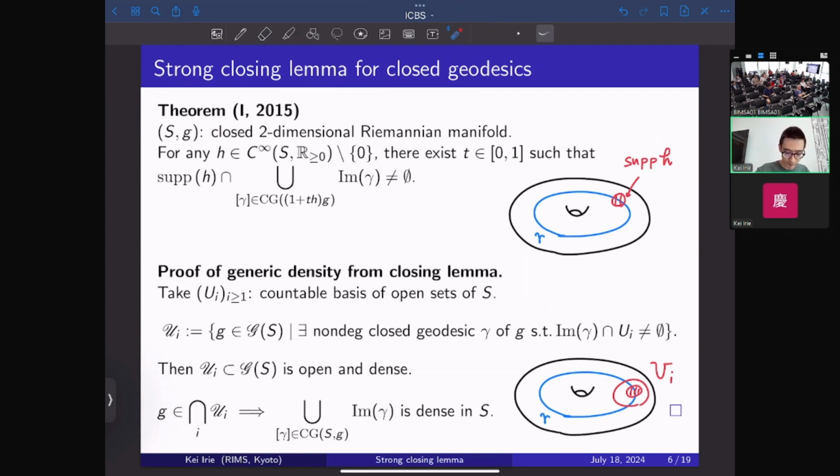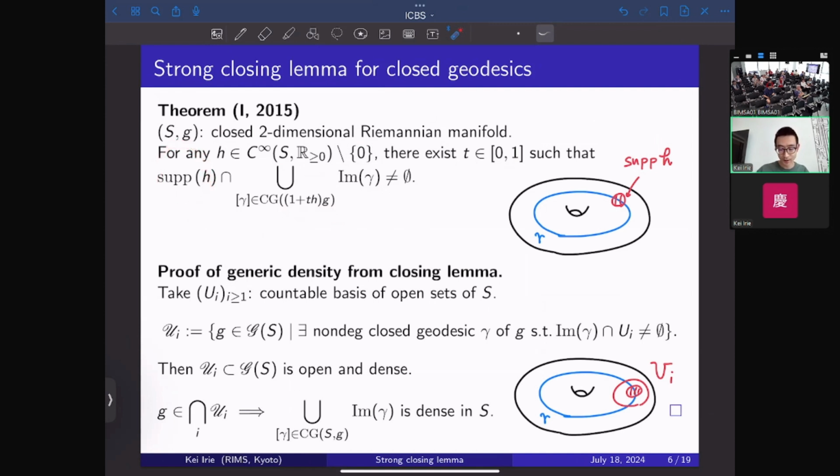Let (S, g) be any closed two-dimensional Riemannian manifold, and let h be any function on S which takes non-negative real values, and that is not constant zero. Then the theorem says that there exists t in the interval (0, 1) such that the union of closed geodesics of the perturbed metric (1 + th)g intersects the support of h.